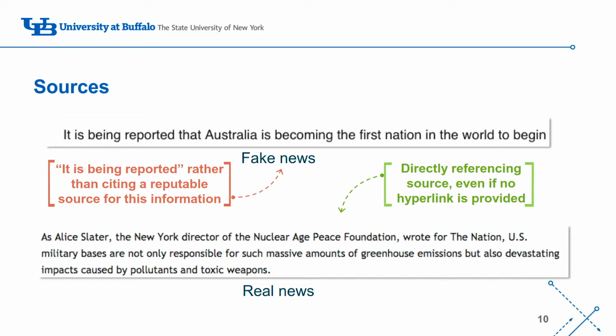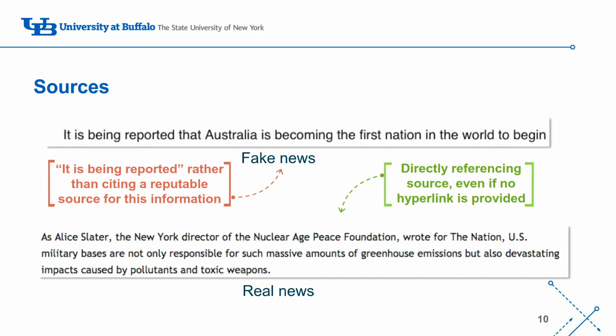Like for example, here in this example, it mentions Alice Slater, the New York director of the Nuclear Age Peace Foundation, which means that there is a very direct reference, even though it's not quoted or there is not a link provided. But I, as a reader, can go and find this person.